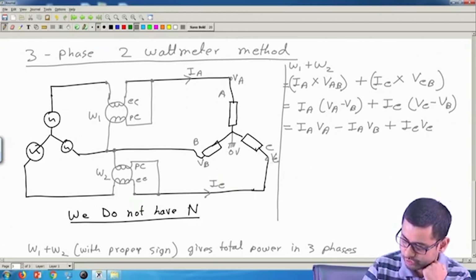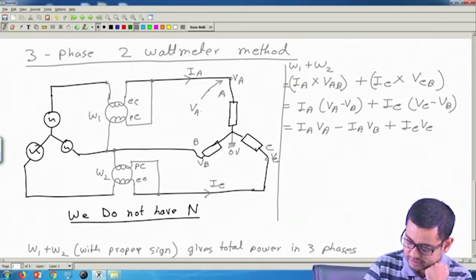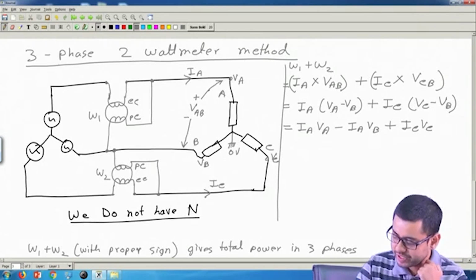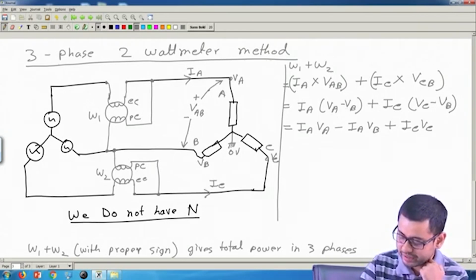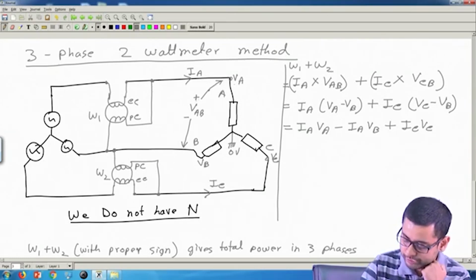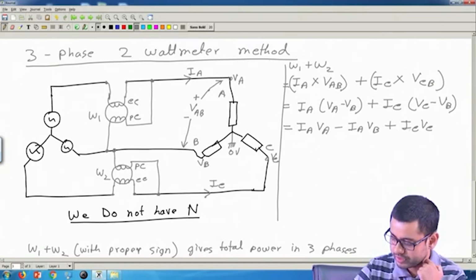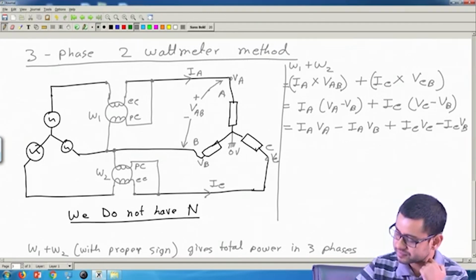And VAB is this voltage from here to here, with this side taken as the positive reference, this side as the negative reference, because we are subtracting VA minus VB. So VAB according to our chosen convention is VA minus VB. Okay. So there will be one more term, IC VB, right.